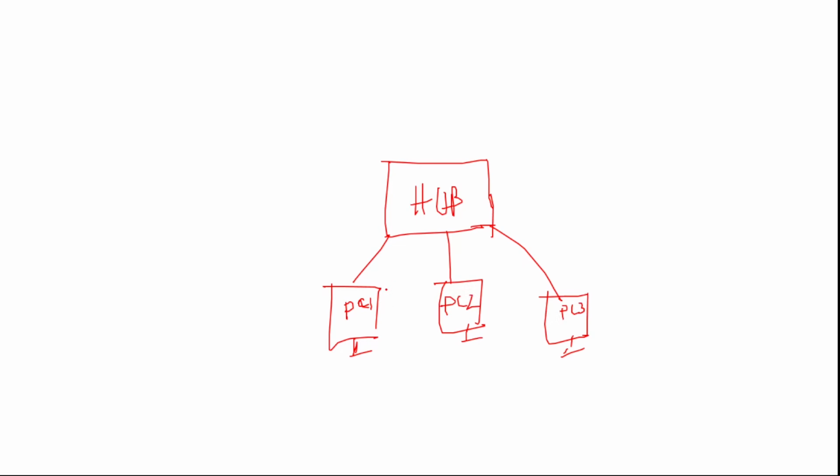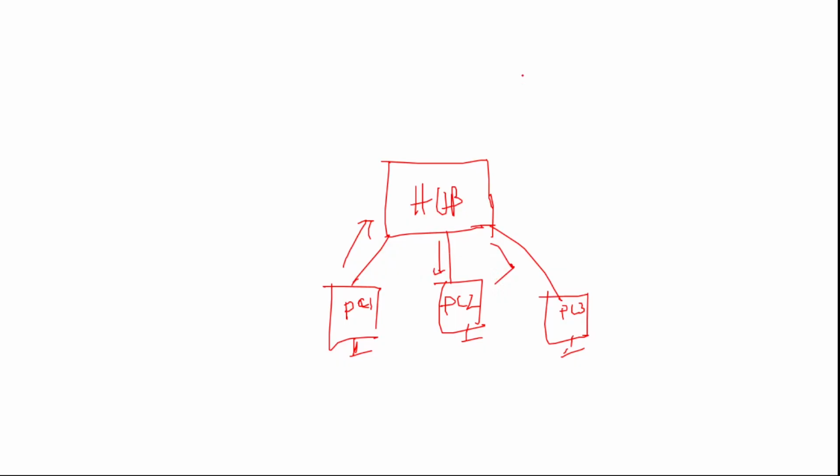So hub basically doesn't know which device is connected to which port. Basically it does not understand the MAC address. So when it receives a data frame, suppose from PC1, it forwards the data frame to all ports. This is called broadcast.